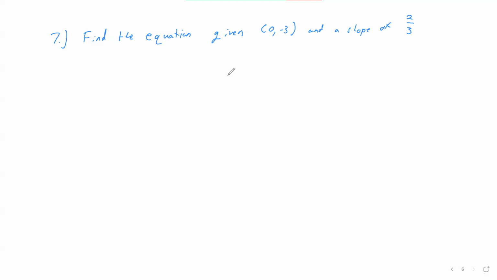So when it asks for an equation, it wants the y equals mx plus b. But here's the thing I need you to notice. 0, negative 3 is written how? What's special about the way this is written?